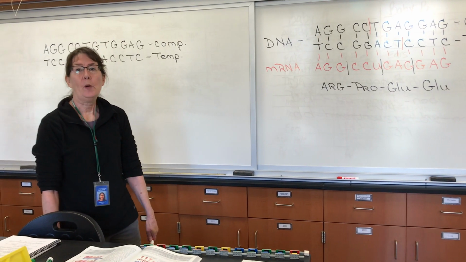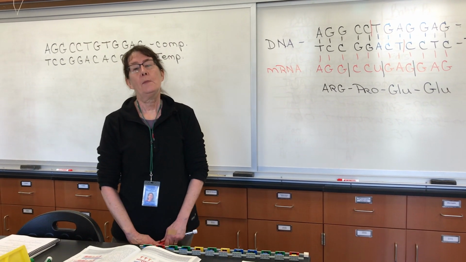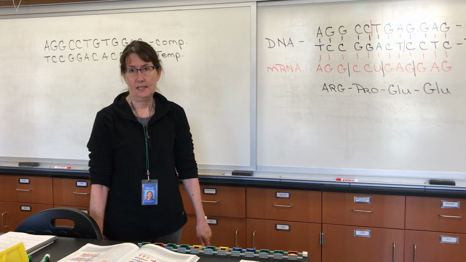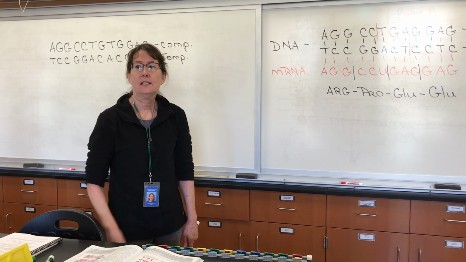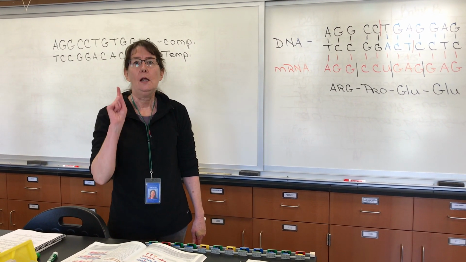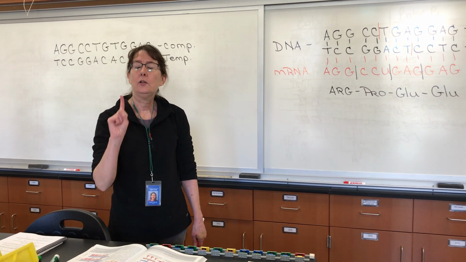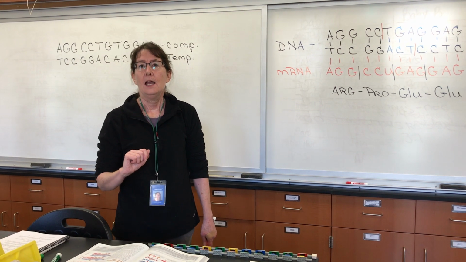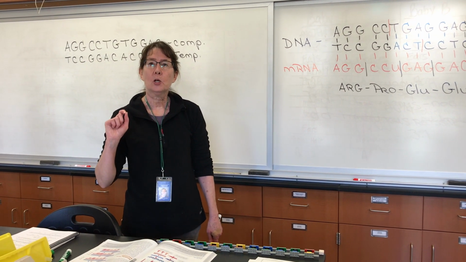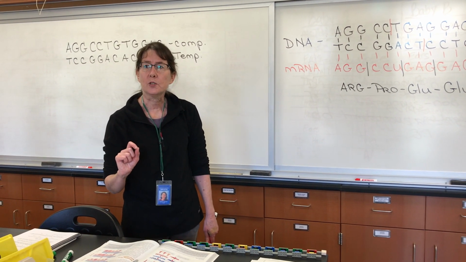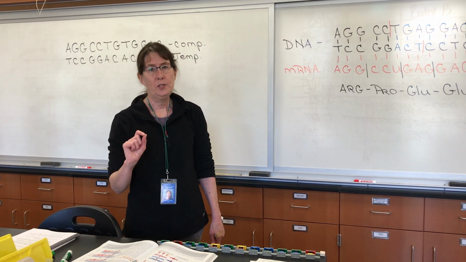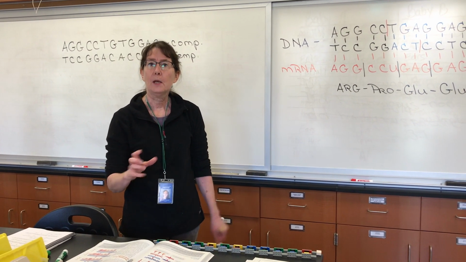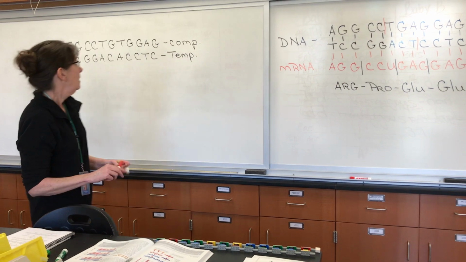Now we're going to show what happens when a person has sickle cell disease. Sickle cell disease is a point mutation, 1 change in a nucleotide sequence in our strand of DNA. And that changes the hemoglobin protein that's produced. The hemoglobin protein will have a different shape, and we'll show you how.